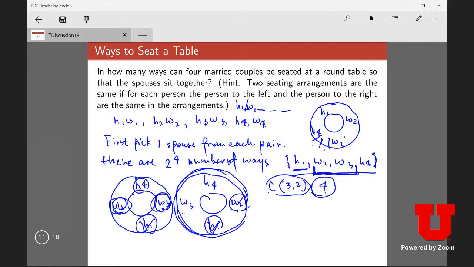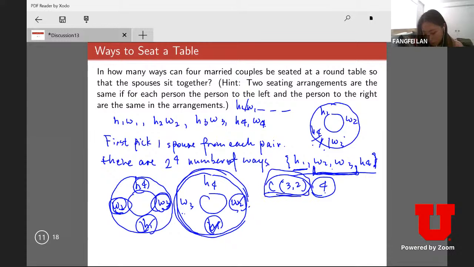Does that make sense? It doesn't matter who you pick first. You always have 3 ways to arrive at the same 3 arrangements. That makes sense. So we only have 3 choose 2 ways to arrange these 4 people at a round table.